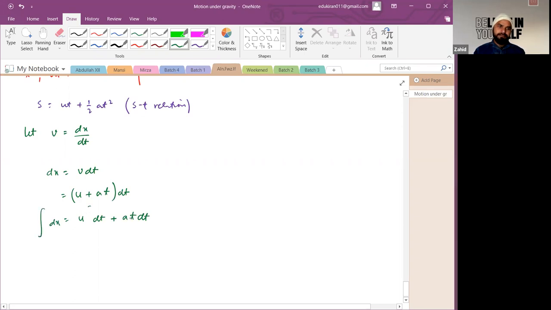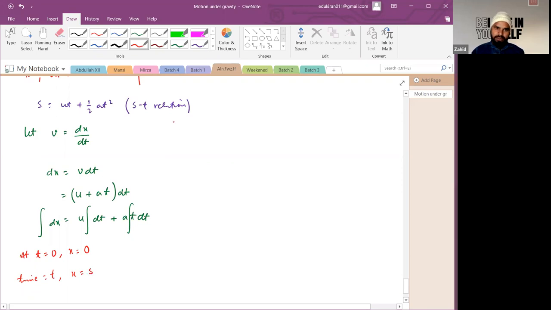Integration. Now to define this integration, we have to take limits. Let's say at t is equals to 0, displacement of body will be 0, and at some later time, displacement of body is s.